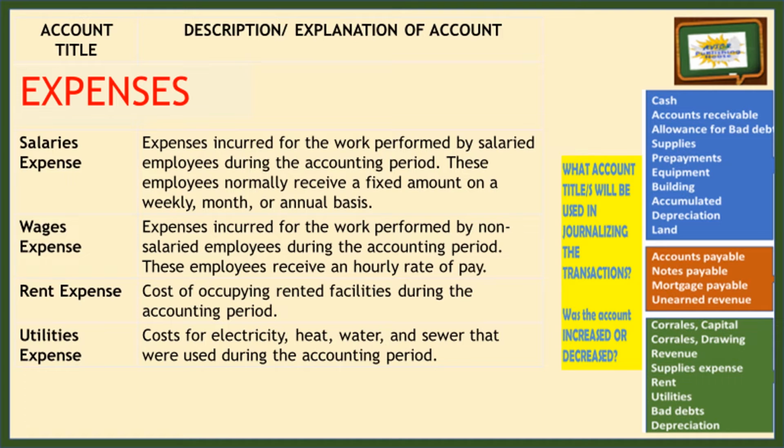Wages expense is incurred for the work performed by non-salaried employees during the accounting period. These employees receive an hourly rate of pay. So if the payment is based on hour or piece of work and it is not on a regular basis, then you call that wages expense.